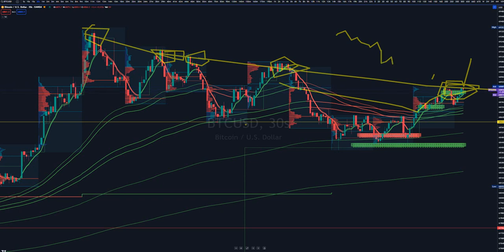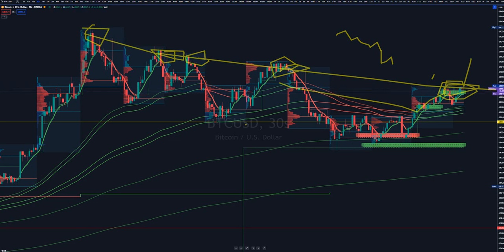This is the reason. And as a seller, I wait a little bit to see if we have today, maybe before the close or maybe at the open of tomorrow, a good short signal.